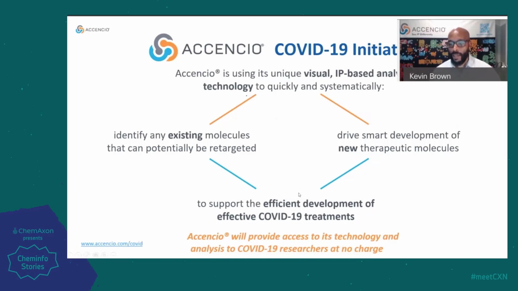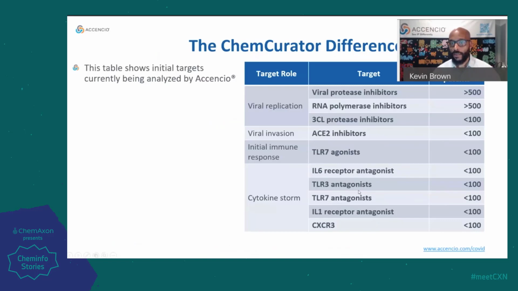that are associated with COVID-19. So here, if you look to the right, you'll see a table that shows the initial targets that we're currently analyzing, and in some cases we finished analyzing. And you can see they range from viral replication targets all the way down to cytokine storm targets.